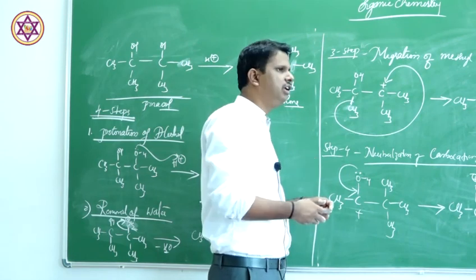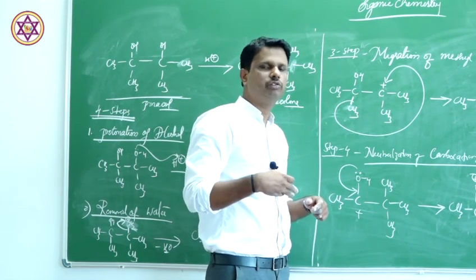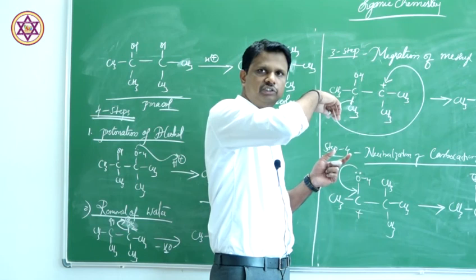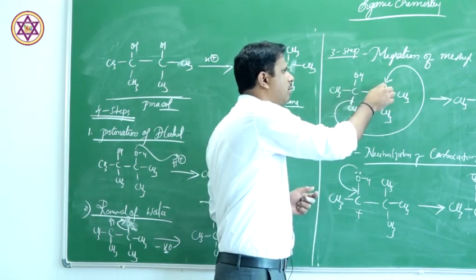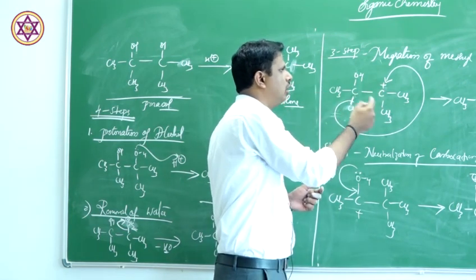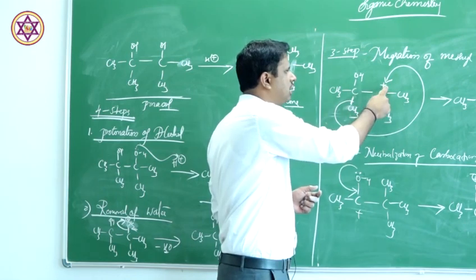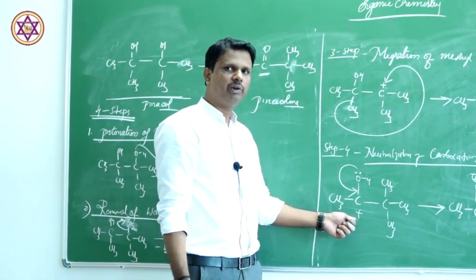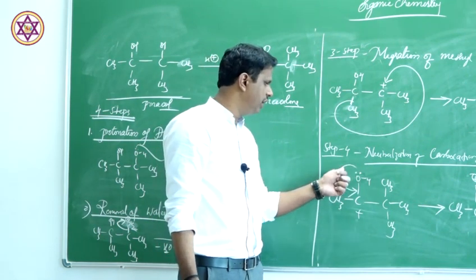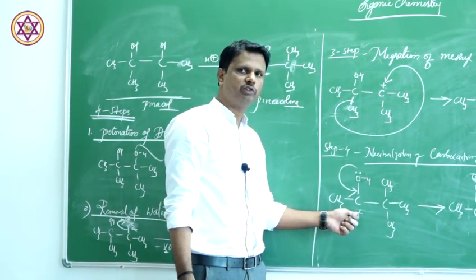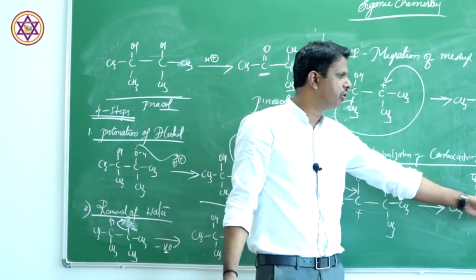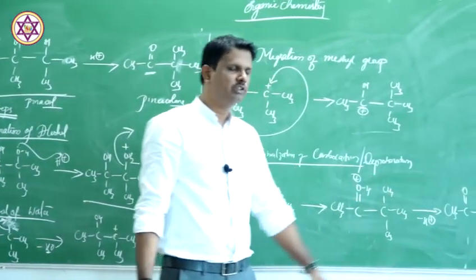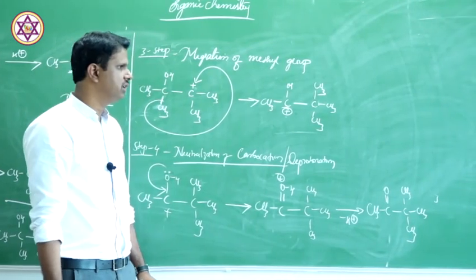It is migrating within the same molecule. It's intramolecular shifting. The methyl group migrates to the carbocation with a bond pair of electrons, causing the shift of this positive charge from this carbon to this carbon. Finally, the oxygen donates the lone pair of electrons to nullify this positive charge, followed by deprotonation to give pinacolone. So that is about the mechanism of the reaction.